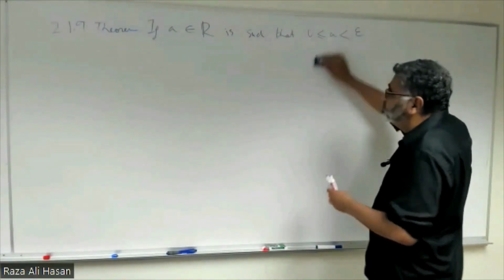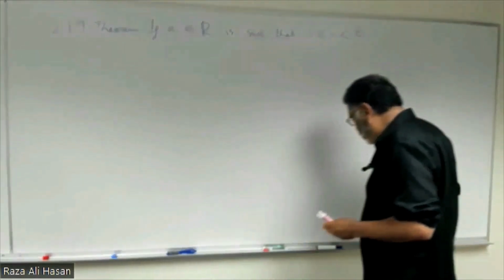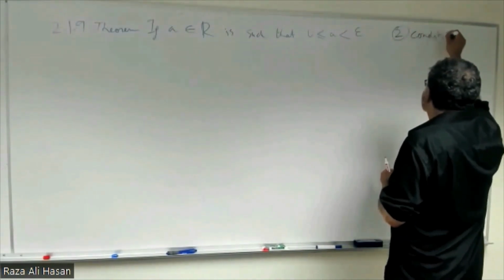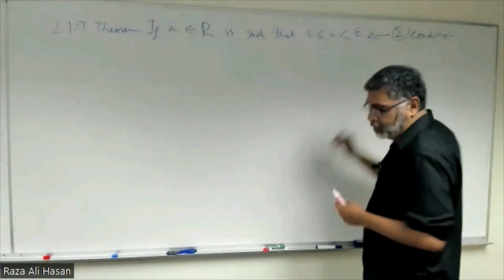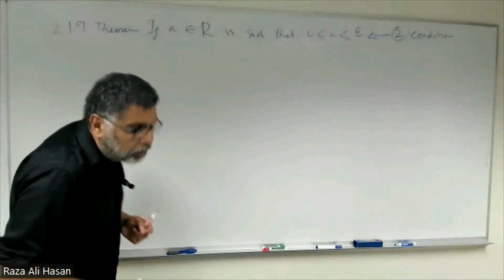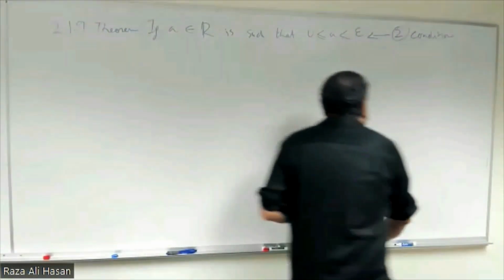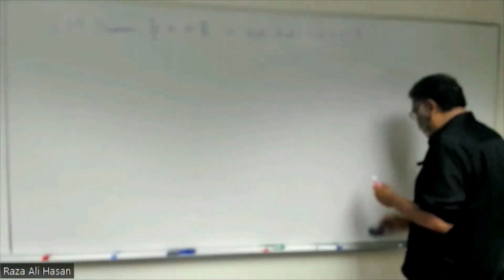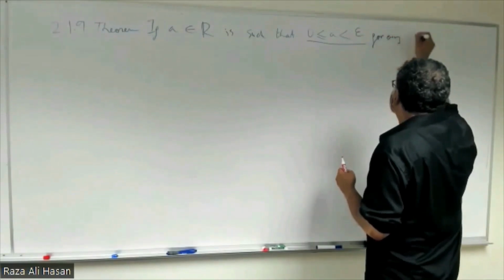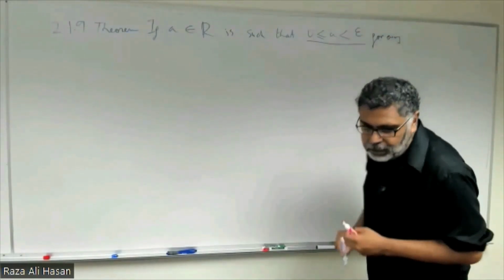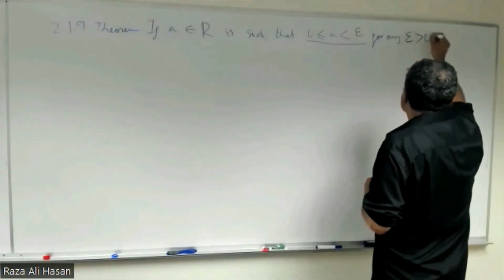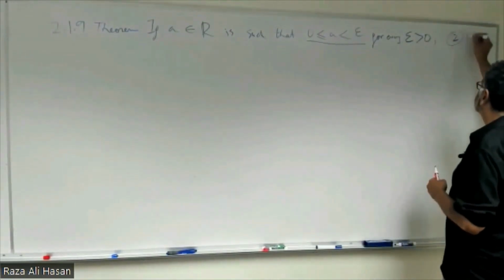So this has all of the ingredients. If this condition is true and this condition is true, then we've got two conditions on the first line, for every conceivable positive epsilon.